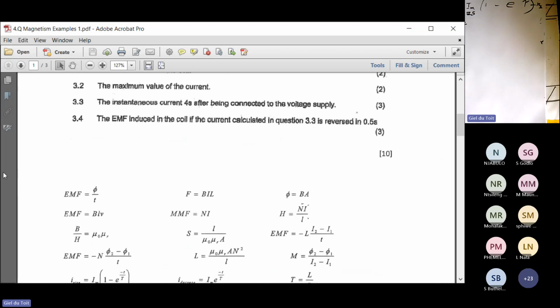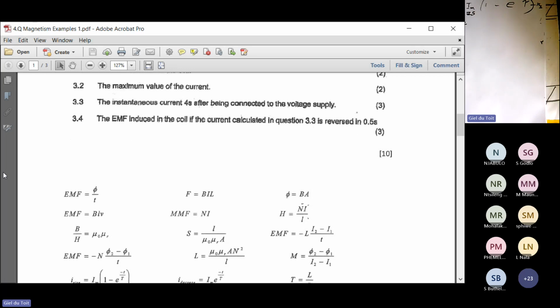The EMF induced in that coil, if the current, that 6.8 ampere, is reversed. We're reversing that current, so it will be a minus voltage, no?